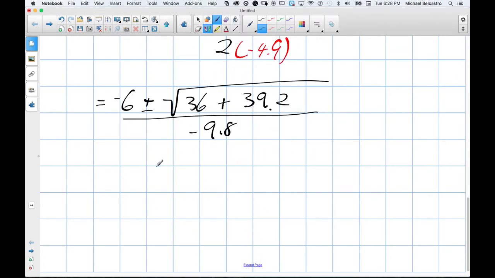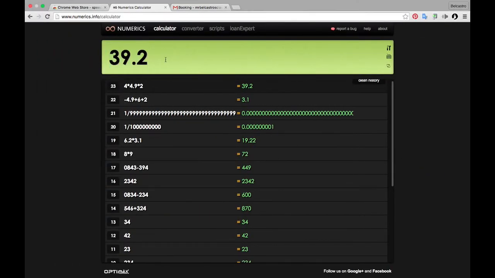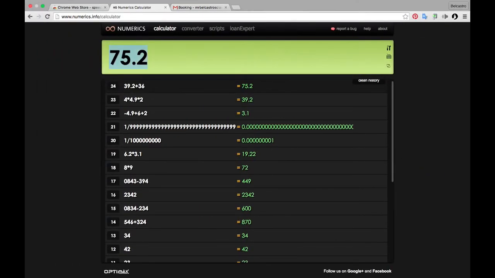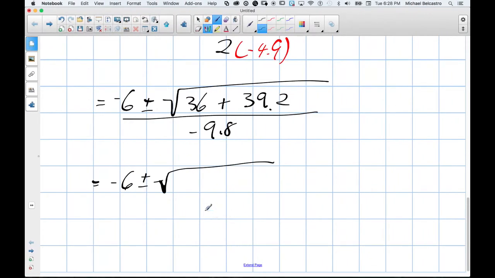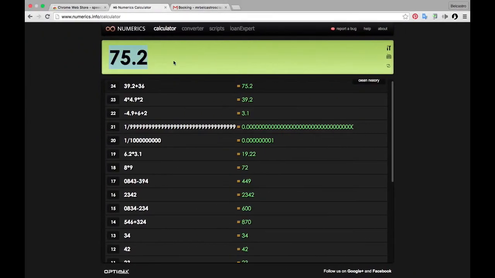Okay. We've got to figure out this little bracket here. So negative 6 plus or minus the square root of 39.2 plus 36, okay, 75.2, all divided by, I think it's 9.8. We'll check that after. Then we need the square root of this value.